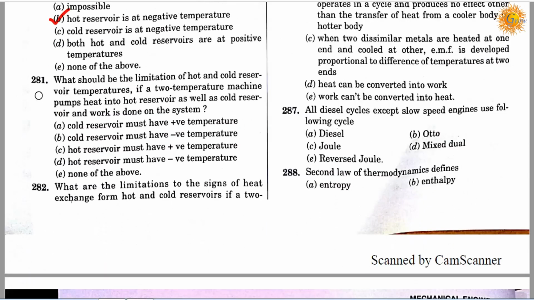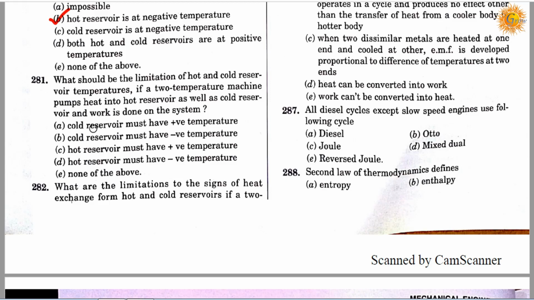Question number 281. What should be the limitation of hot and cold reservoir temperatures if a two-temperature machine pumps heat into hot reservoir as well as cold reservoir and work is done on the system?